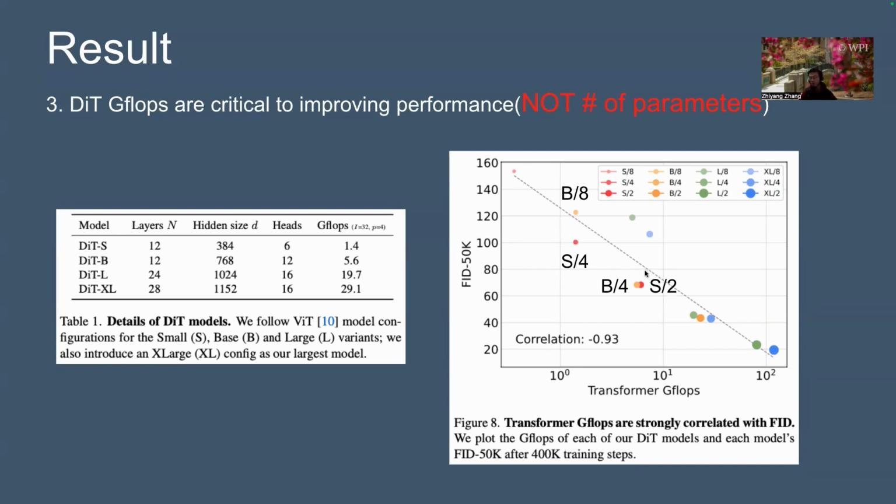Another example here, S2 has fewer parameters than B4, but the performance of S2 is equal to B4. Why? Because S2 with the smaller patch size leads to more computation for one image.